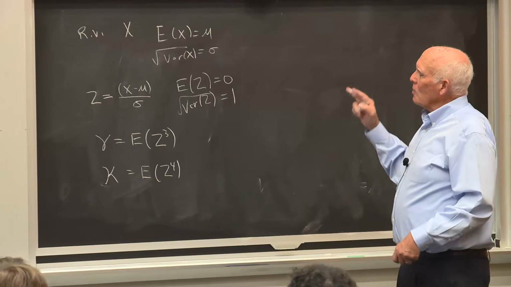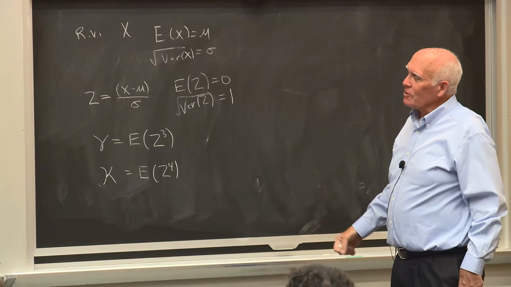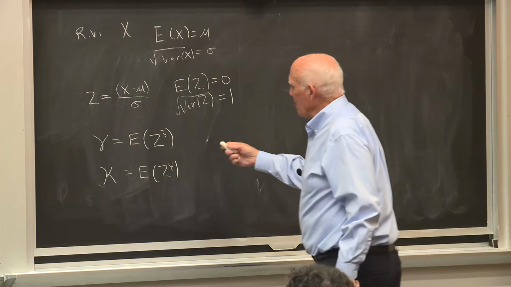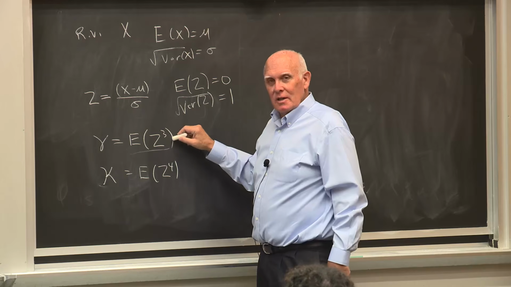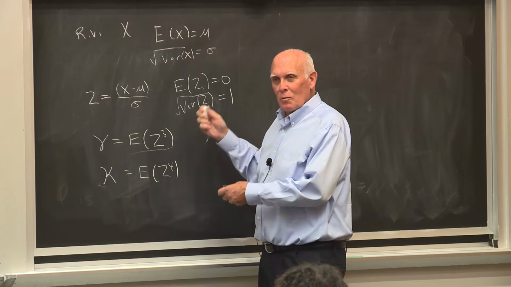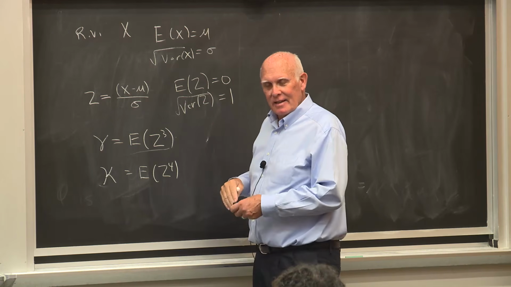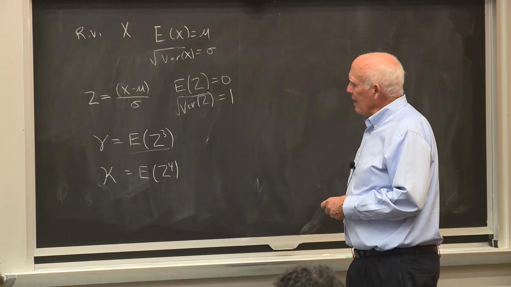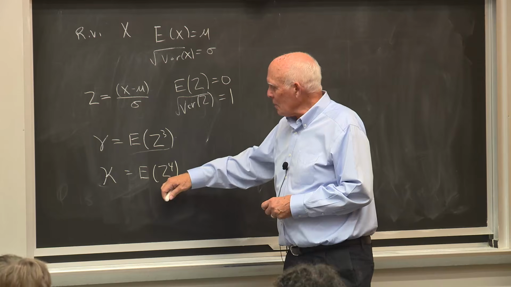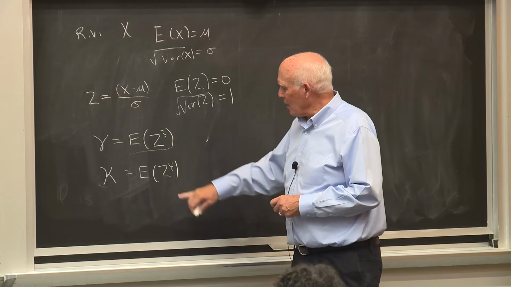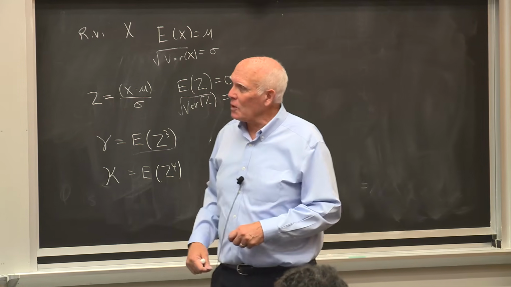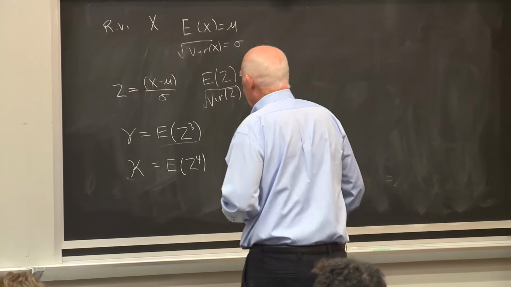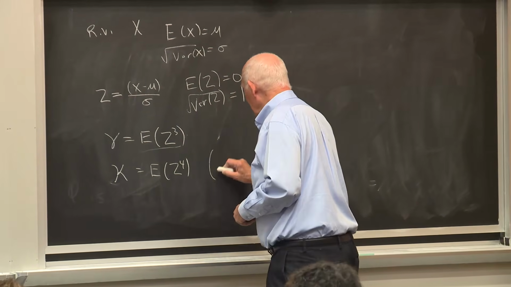So the skewness and kurtosis parameters of a distribution can measure asymmetry. If the cubed value has more weight on the positive end than the negative end, it'll be skewed to the right. And with kappa, we're looking at z to the fourth, so we're looking at basically how heavy the tails are.